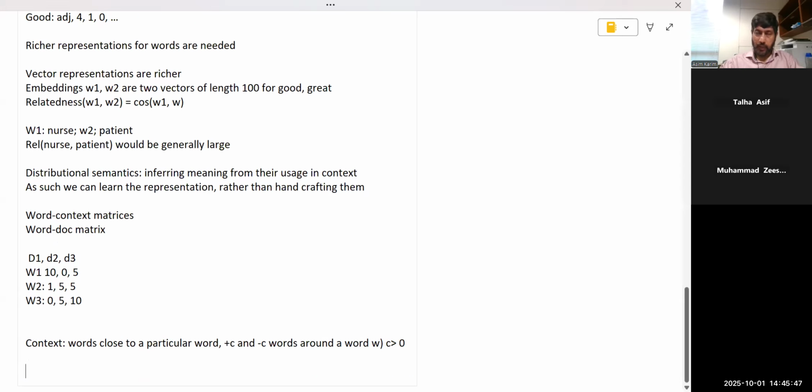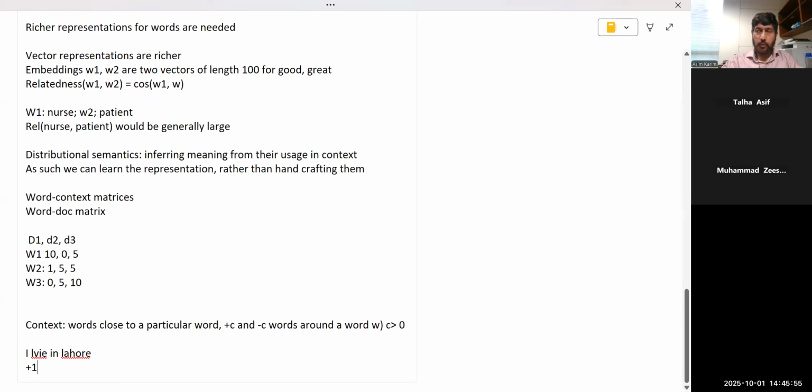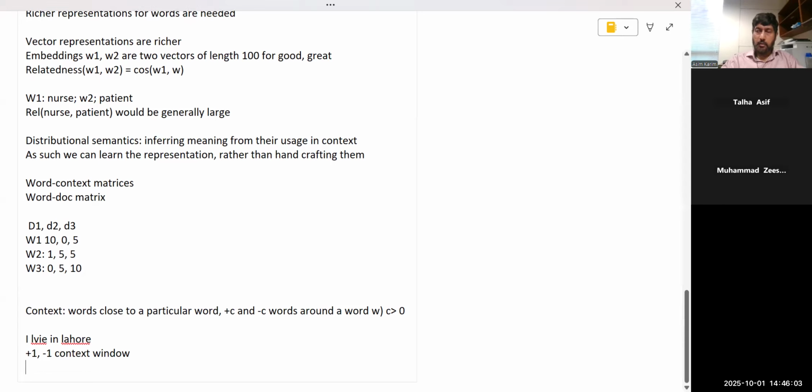ठीक है. So let's say if I write a running text, let's say I live in Lahore. ठीक है. And let's say मैं +1 और -1 कॉन्टेक्स्ट विंडो की बात कर रहा हूँ. तो देन जो live वर्ड है, इसका कॉन्टेक्स्ट क्या होगा? इसके कॉन्टेक्स्ट में I आएगा, इसके कॉन्टेक्स्ट में in भी आएगा. ठीक है.